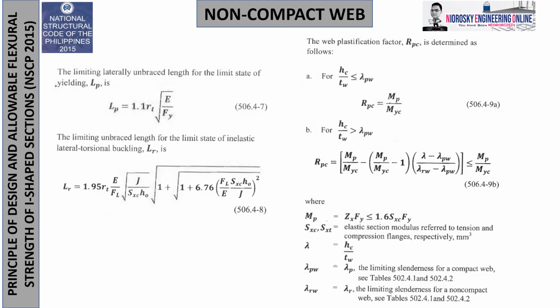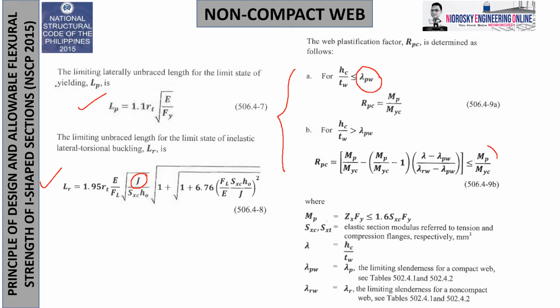So, Lp, ito kino-compute siya ngayon. So, medyo nagkaiba sila noong una pag compact sections, tsaka Lr, no, medyo magkaiba. Again, yung J na to, dependent kung ano makukuha nating relation Iyc over Iy. So, Rpc, web plastification factor, kung naalala niyo, very important din siya. So, ito yung way of computation, may A and B ka. So, lambda pw, just only lambda p sa table na pinakita natin before.